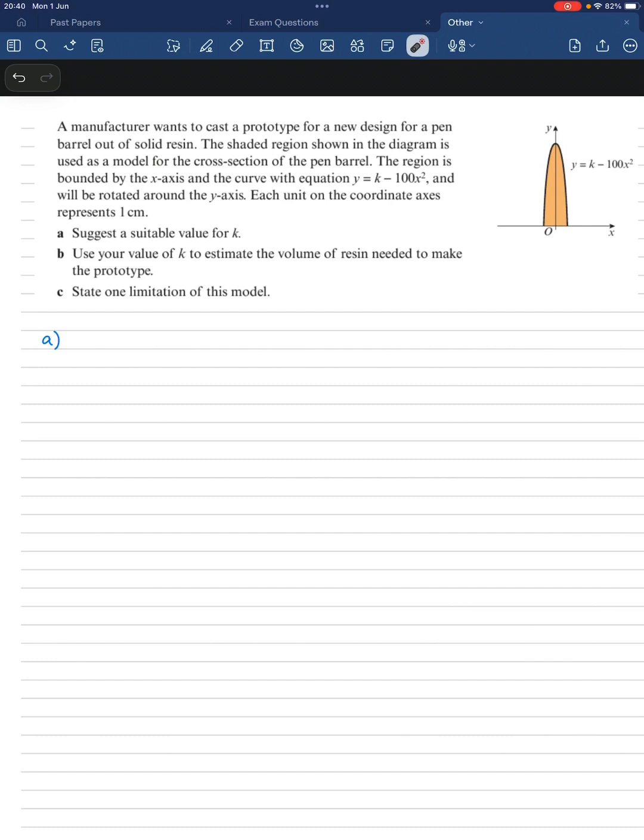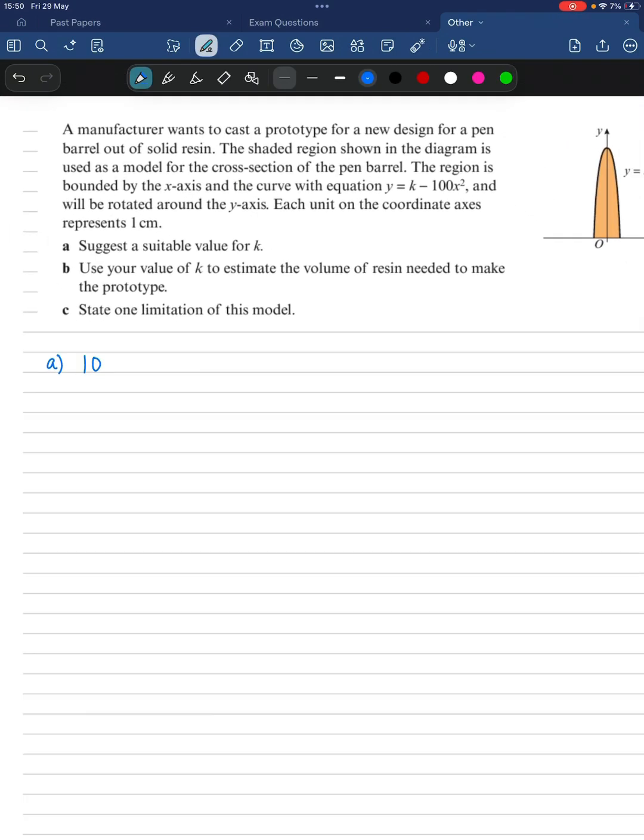If it's the maximum height, it's like the length of the pen barrel. If you look at a pen, I've got a pen right next to me, that's about 10 centimeters, roughly. So I'd put k equals 10, because each unit is a centimeter, so just 10 centimeters. It should be around 10-ish maybe.